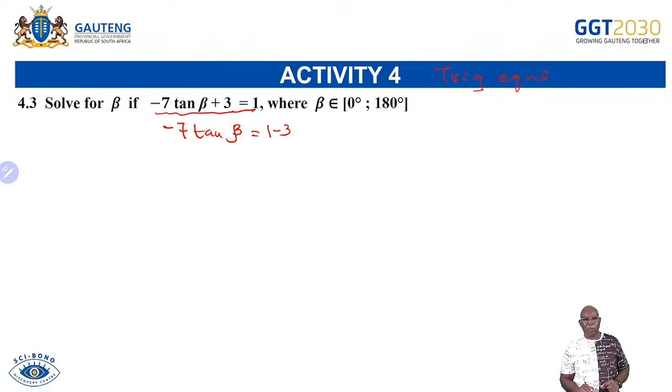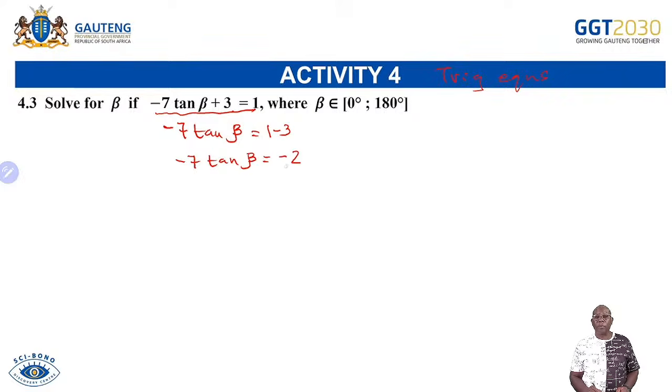First, I transpose. Then you have negative 7 tan of beta equals negative 2. Then I divide by negative 7. Remember, I'm isolating. Ratios on the left, numbers on the right. That you must know. Then I'll have tan beta equals 2 over 7.